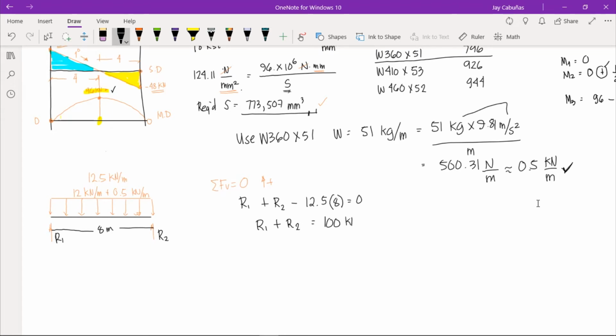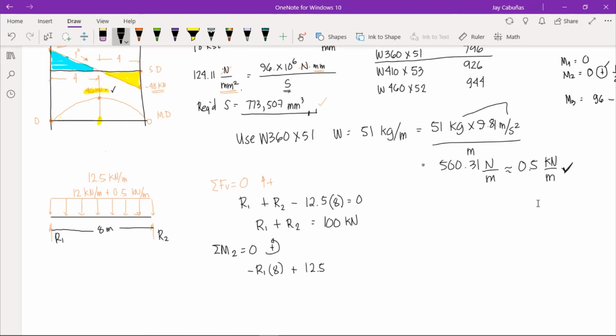So we have R1 plus R2 equals 100 kilonewton. Okay? So then we sum up moment, let's say at 2 equal to 0, counterclockwise positive. So we have negative R1 times 8 plus, since 12.5 kilonewton per meter rotates counterclockwise with respect to 2, therefore that is positive.